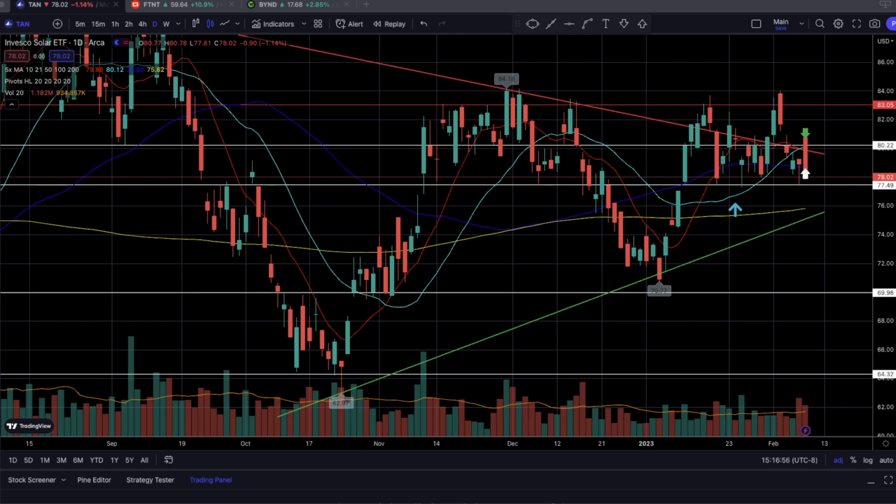Now these 3 day trades were taken on ticker symbols TAN, FTNT, and BYND. I will also show you guys a sneak peek of the CFO Discord channel where all of these trades went down, and to show you guys how each of them progressed.